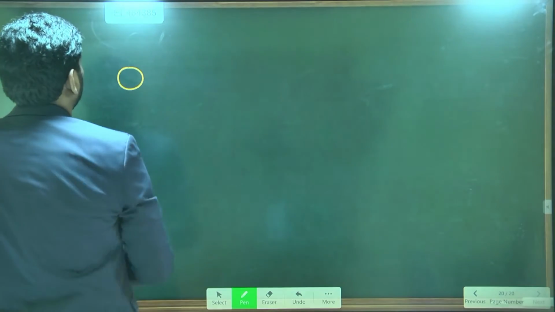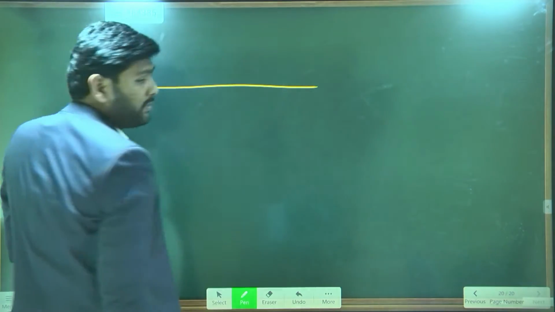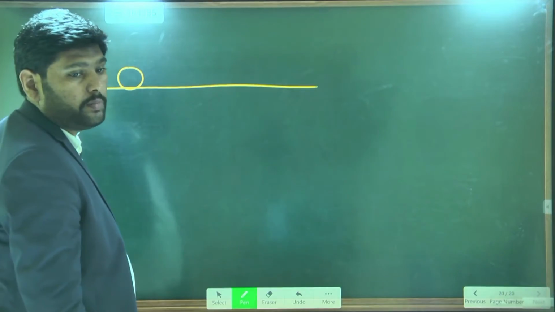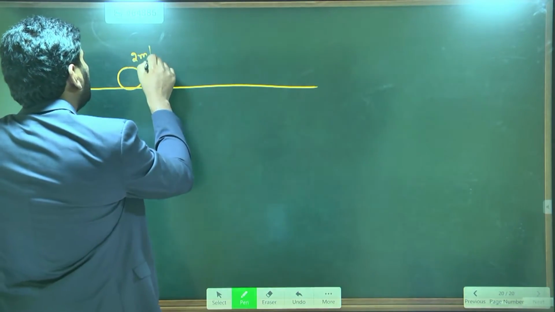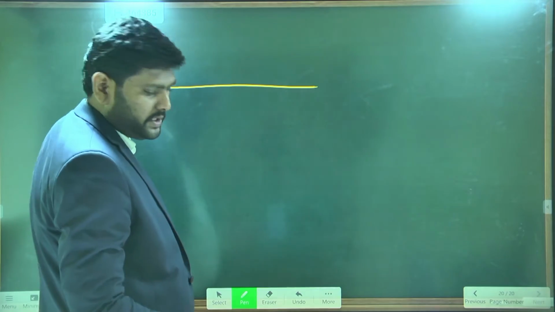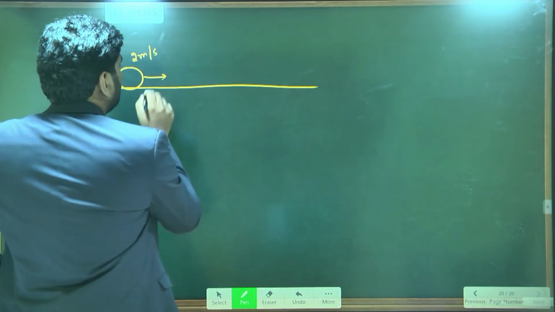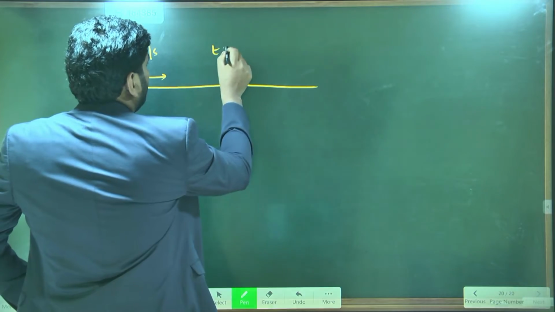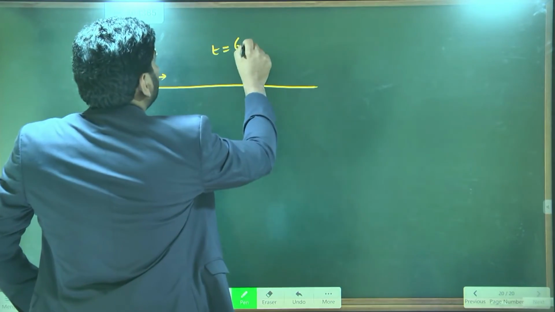This is the object, moving in a straight line path. The object is moving with 2 meters per second in a straight line motion for time equal to 6 seconds.